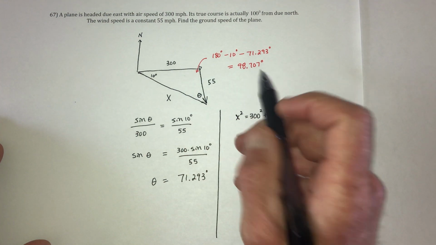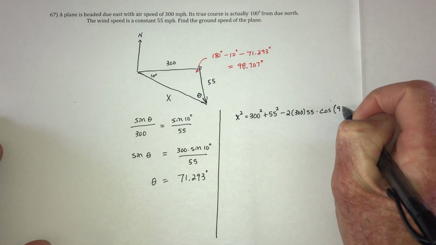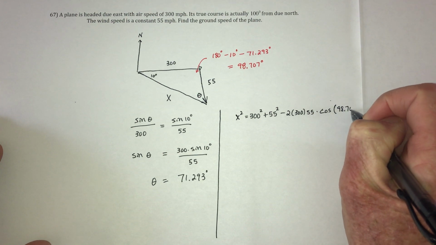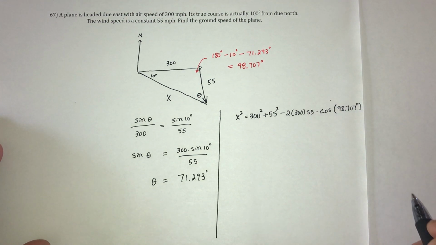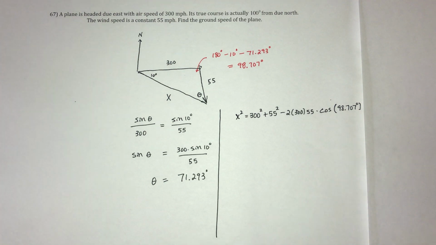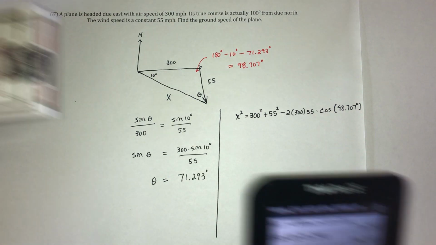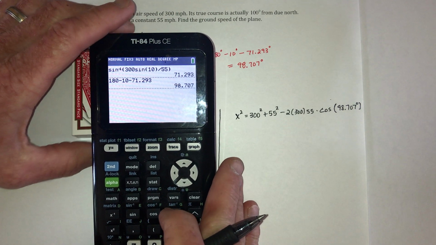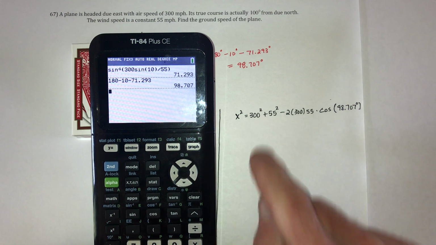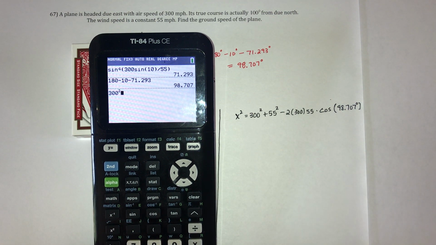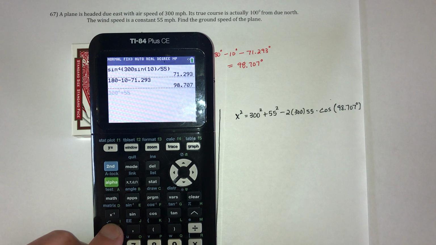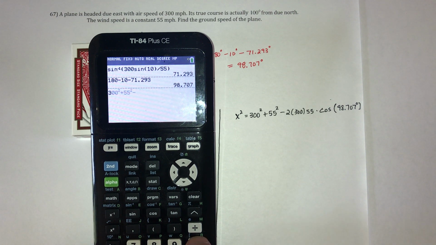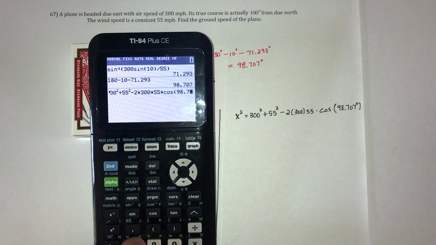So that's this red one right here, 98.707 degrees. And then we're almost done. So this has 300 squared plus 55 squared minus 2 times 300 times 55 times cosine of 98.707.